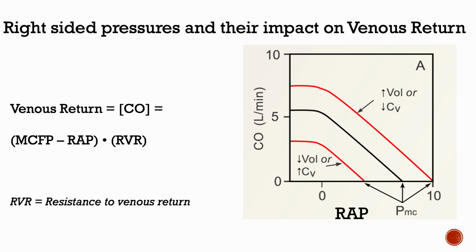What's interesting is we think, oh, let's crank a bunch of fluid in, let's make sure the CVP rises nice and high, and that'll give us a better cardiac output. Well, that might actually create less spontaneous return of blood from the circulation at a given mean circulatory filling pressure. Eventually it might equilibrate, but just because you have a high CVP does not necessarily mean that your venous return has been optimized.